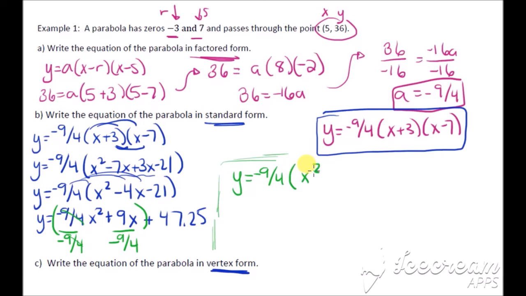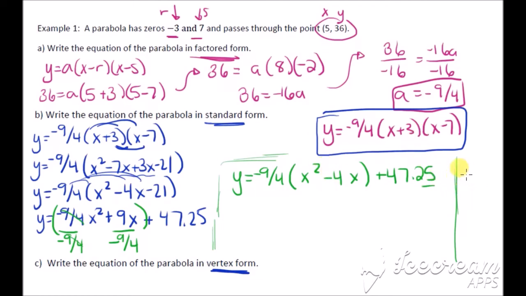If we divide 9 by negative 9 over 4, we actually get negative 4. That's a really nice number. So negative 4x. And the 47.25 is okay as a decimal because we're not working with it, and it stops at 2 decimals.